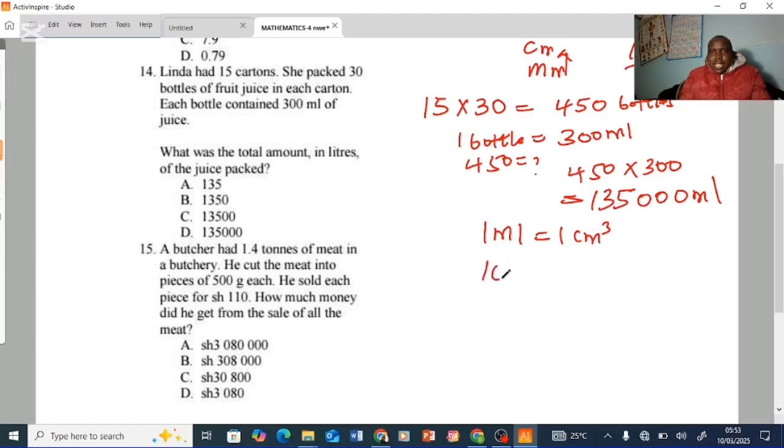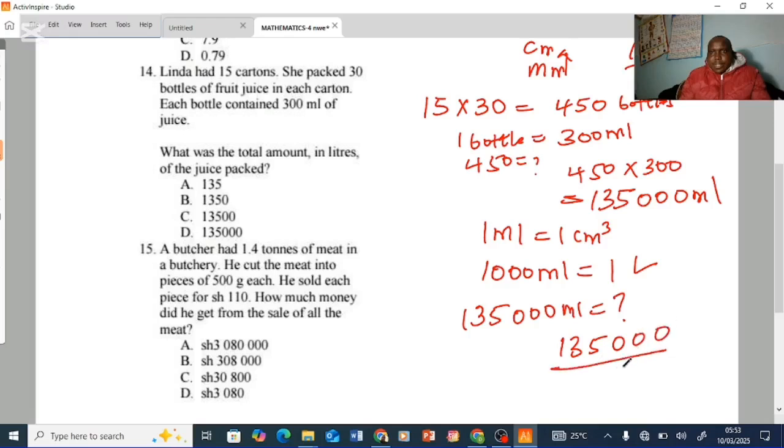So it means that 1,000 milliliters is equal to 1 liter. So 135,000 milliliters will contain how many liters? You divide by 1,000. So we will have 135 liters.